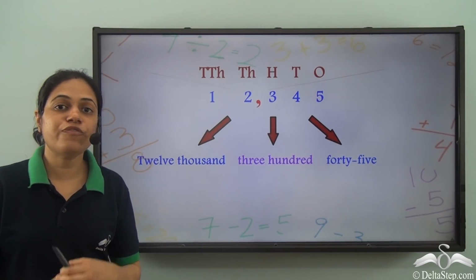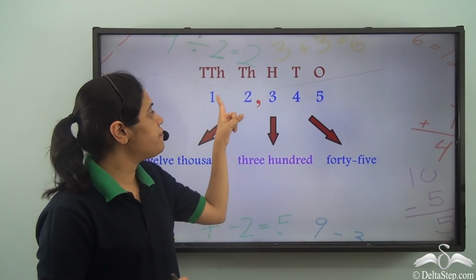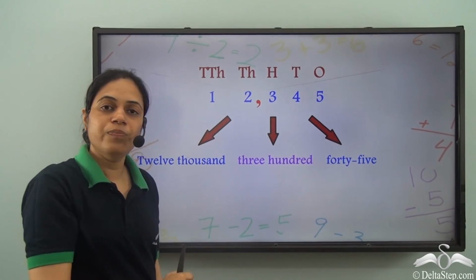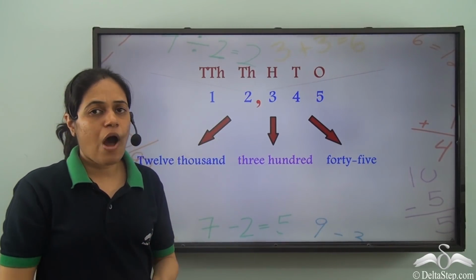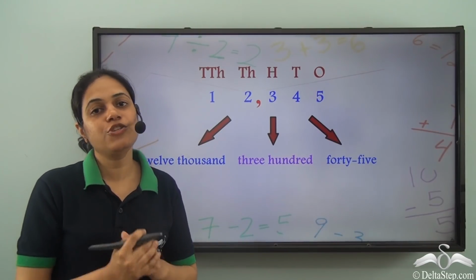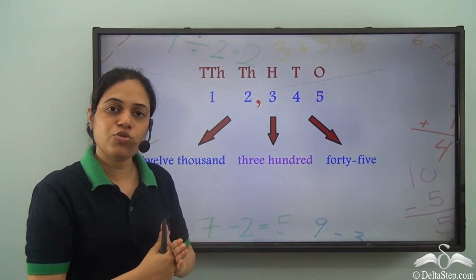Also, when it comes to 5-digit numbers, we can put a comma after the first 2 digits. That is, I can put a comma after the thousands place. How does it help us? It helps us by making it easy to read the number. I can see that there is a comma after 12.